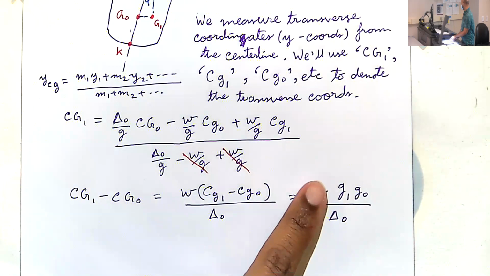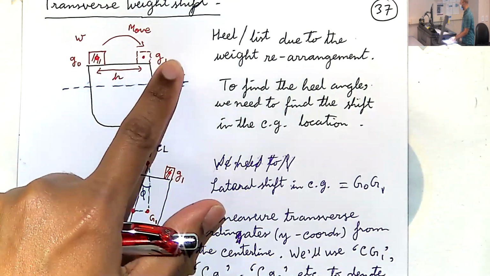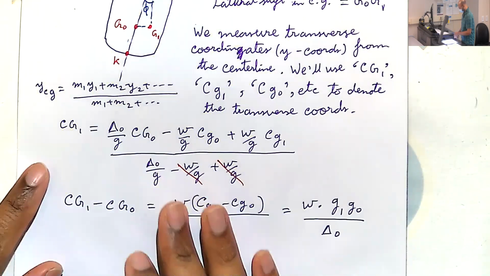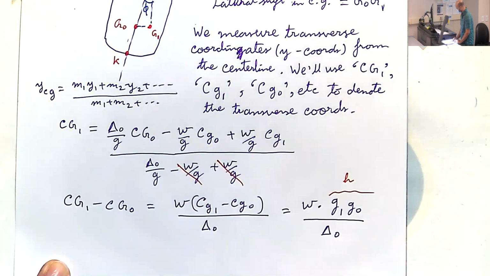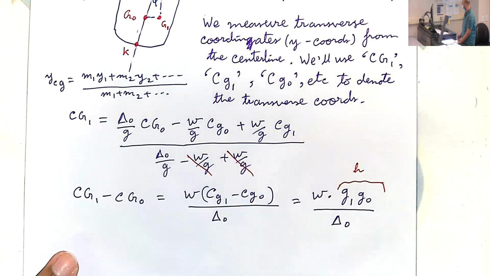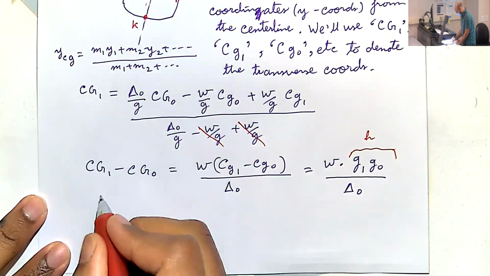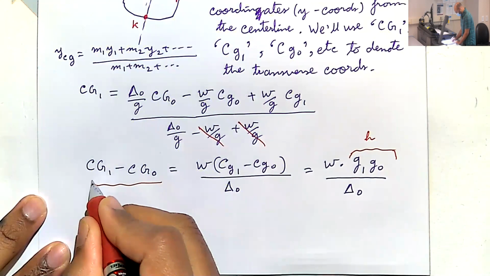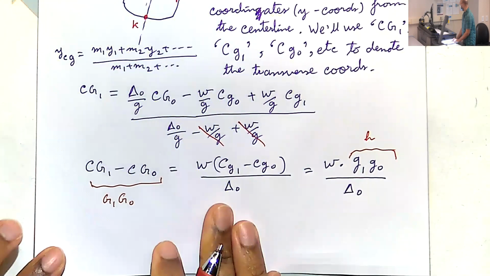G1G0, we know, because we were told that we've moved the mass h units, so this is equal to whatever we are told the movement is. And CG1 minus CG0 is basically G1G0. That's the distance.